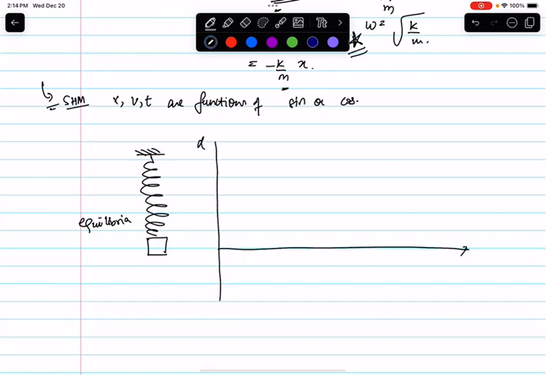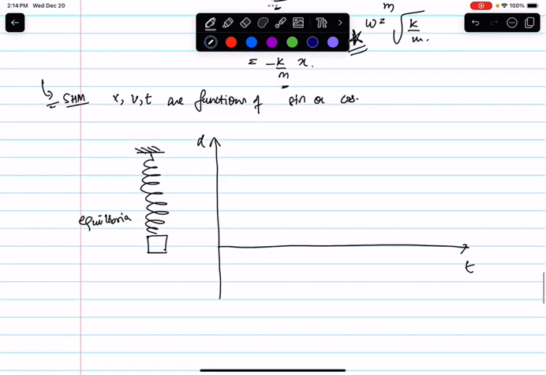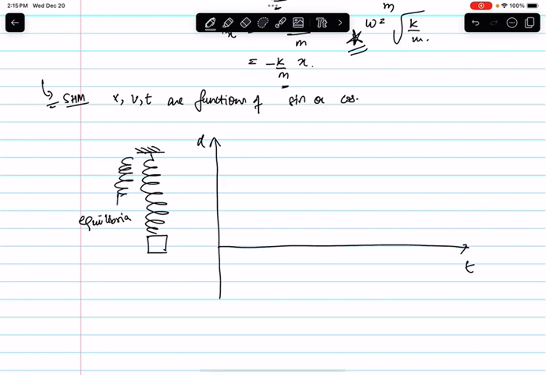So this is displacement and then this is time. Okay, so let's try it this way. I think this would be a better way.